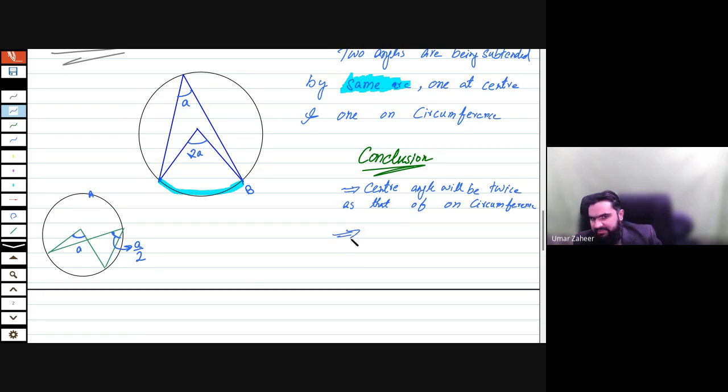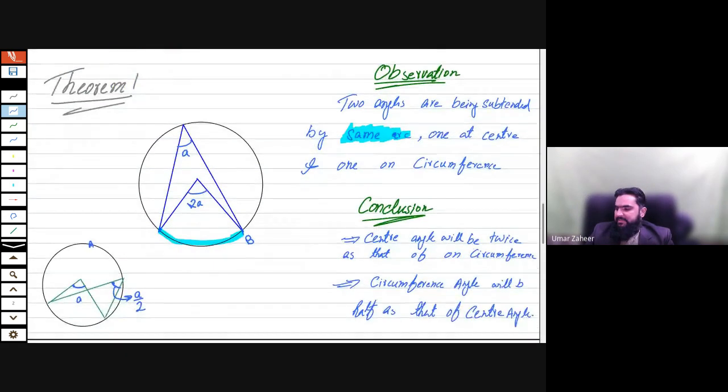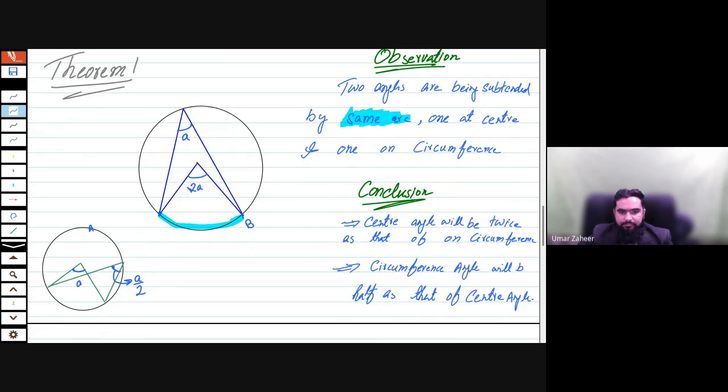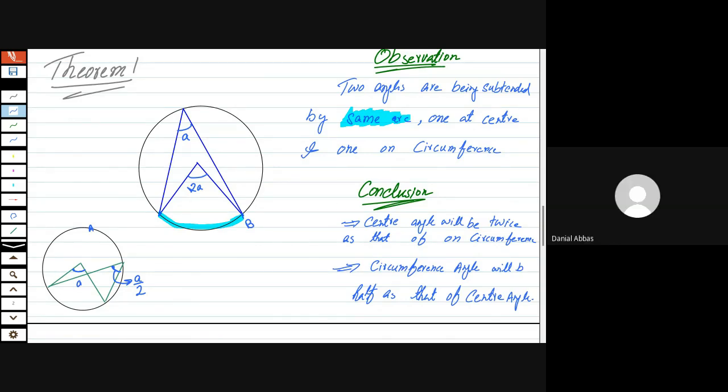Or in other words, we can say that the circumference angle will be half that of the center angle. Yes, the first theorem is clear. Yes, sir.